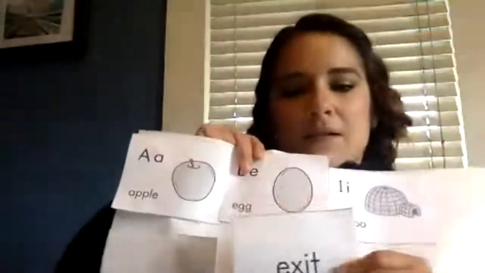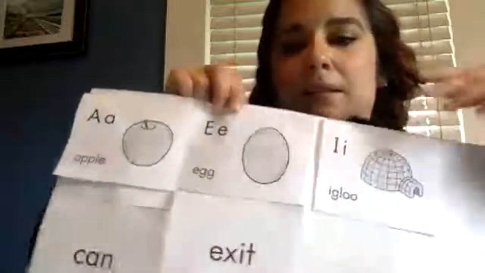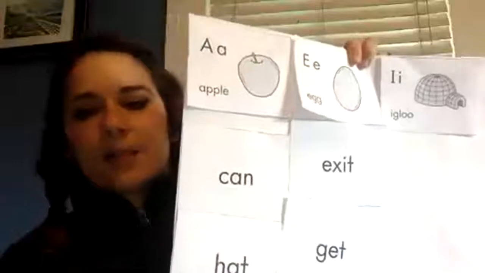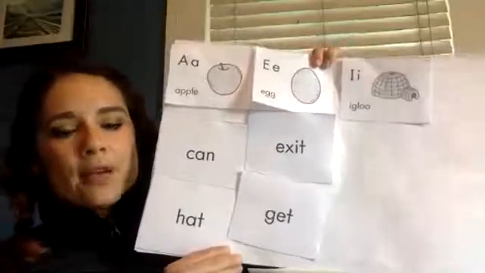I'm going to go ahead and place these underneath the E. Just like that. I know this is a sloppy chart. We're just going to do the best we can with what we have, okay?